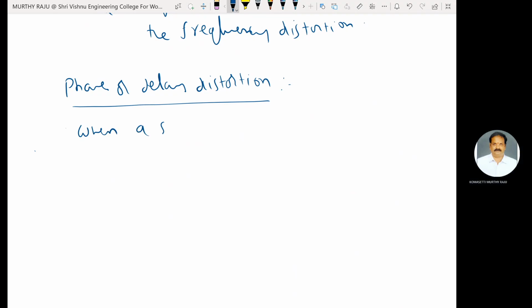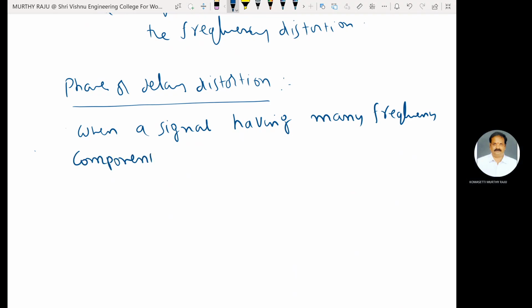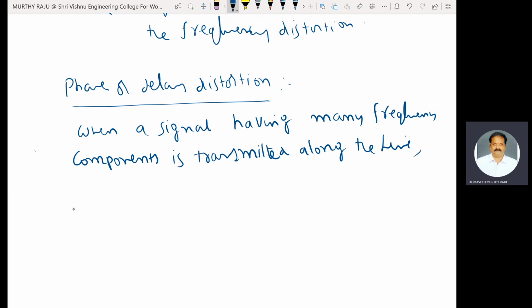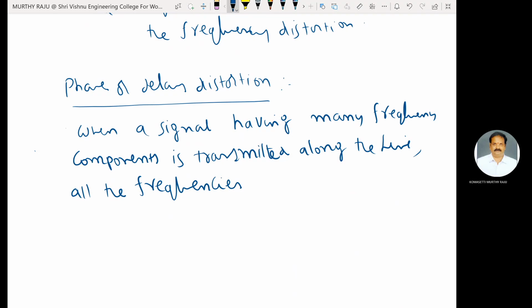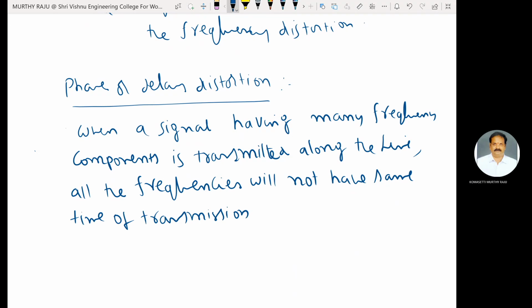When a signal having many frequency components is transmitted along the line, all the frequencies will not have the same time of transmission.